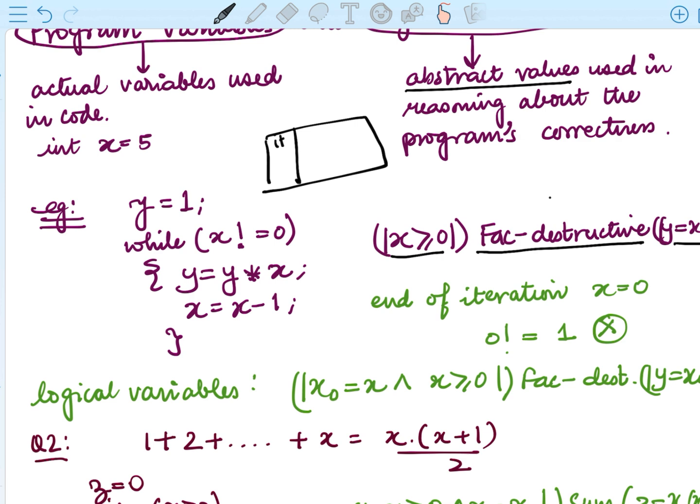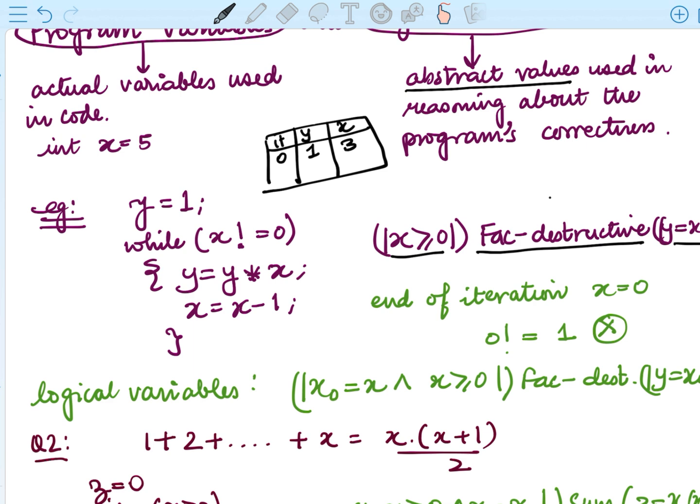This is the iteration. We have y and we have x. Initial value of y is 1. Let us suppose x is 2. Or maybe let's take a bigger value, let's say 3, because we want to see some iterations.